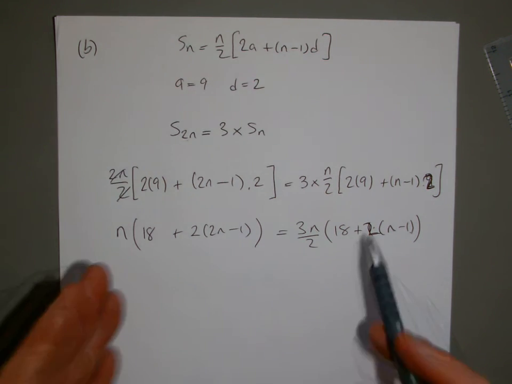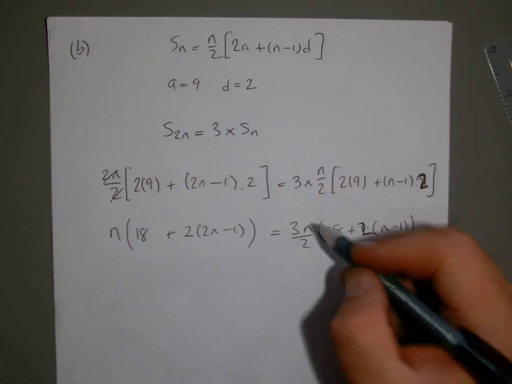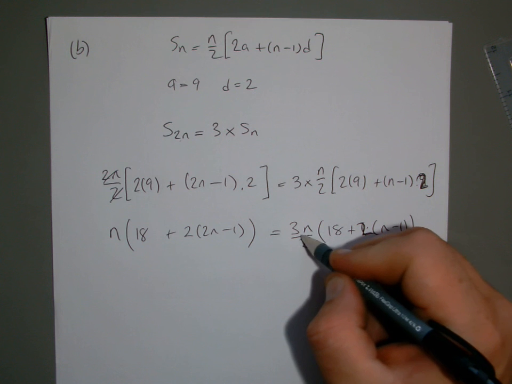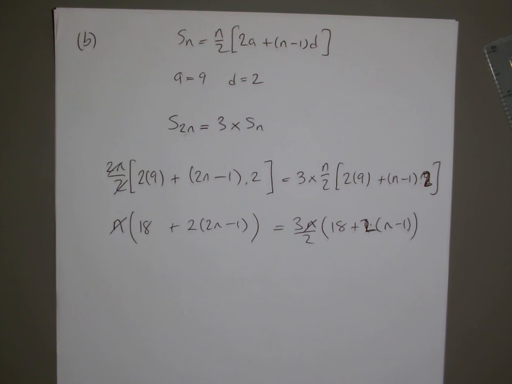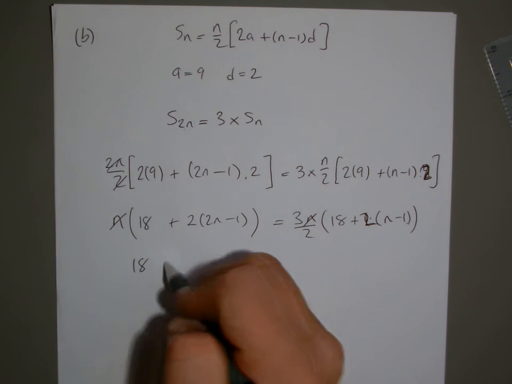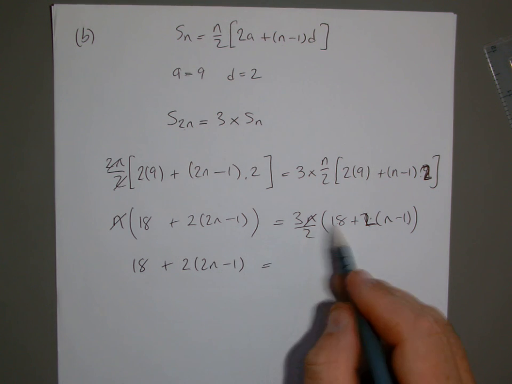I hope you can see now when you balance both sides, n is a factor on both sides. So we can actually divide through by n. We're allowed to do that because n cannot be 0. Can't have 0 terms. So we shall have 18 plus 2n minus 1 equals, this times through by 3 over 2.